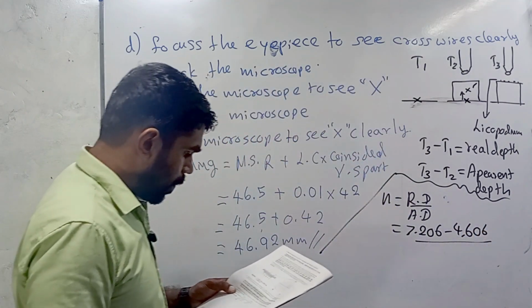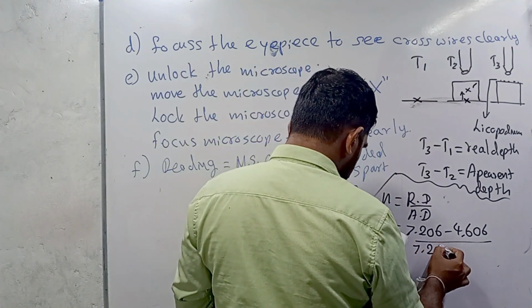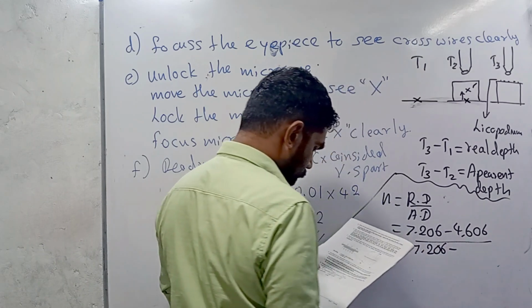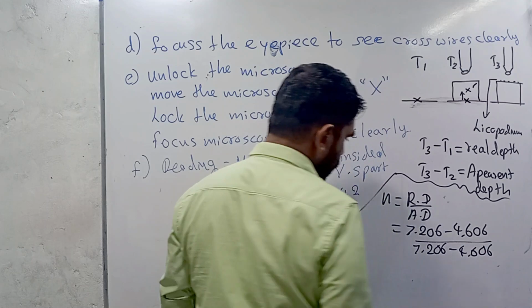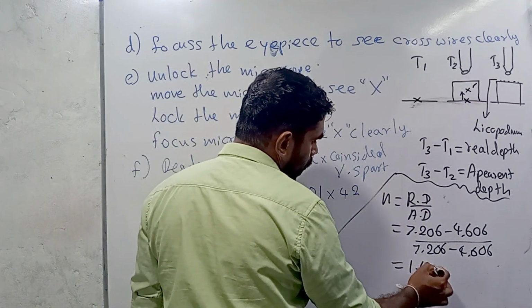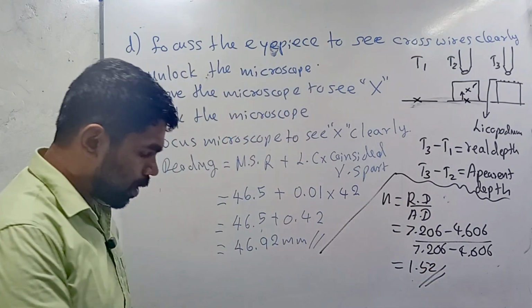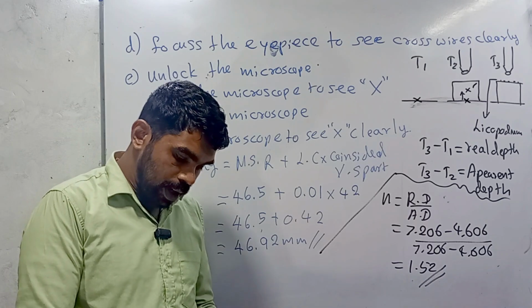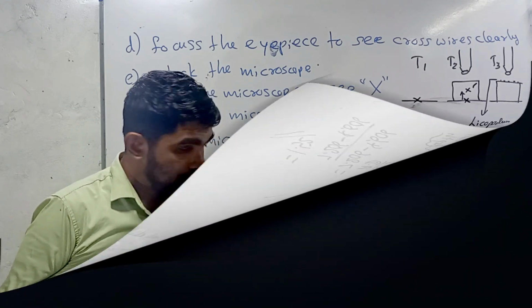Apparent depth is 7.206 minus the T2 reading, and we can simplify it. We can get approximately 1.52 as the refractive index of the corresponding glass type.